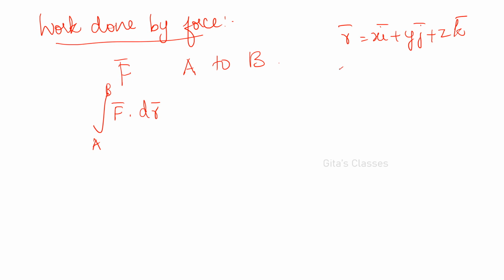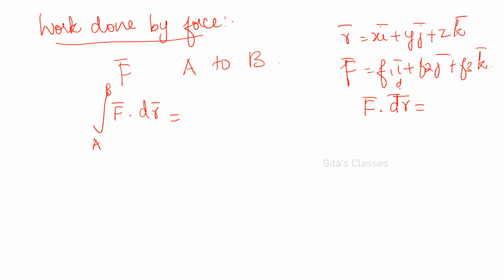So if F bar is f1 i plus f2 j plus f3 k, then F dot dr, where dr is dx i plus dy j plus dz k, will be f1 dx plus f2 dy plus f3 dz.